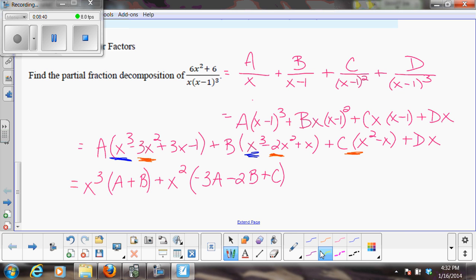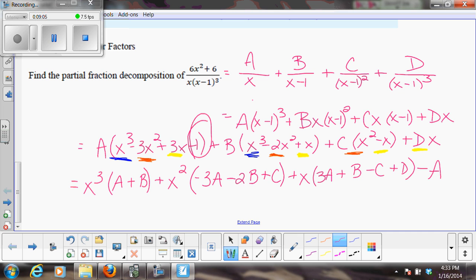Then we have x's. Here's a 3a, a b, a negative c, and a d. And then for our numbers, the only thing left is right here, that negative a.